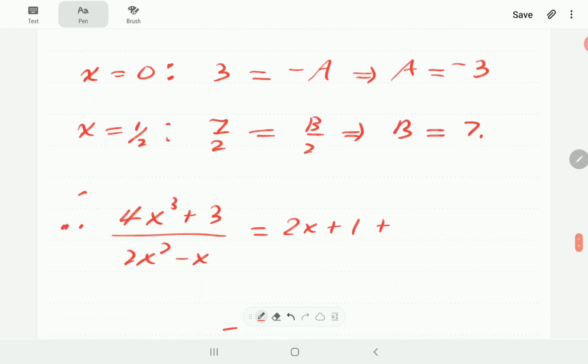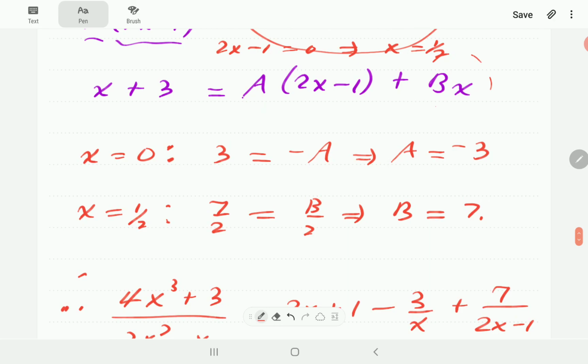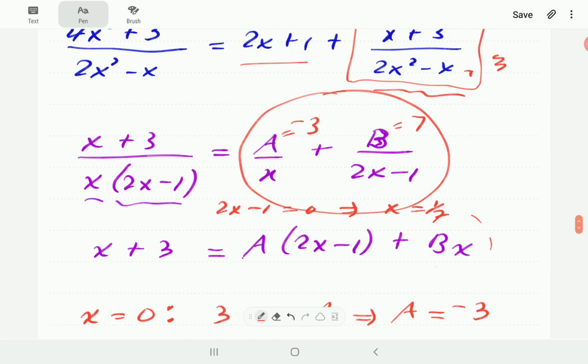So we're going to have minus 3 over x plus 7 over (2x minus 1), and that completes that one.